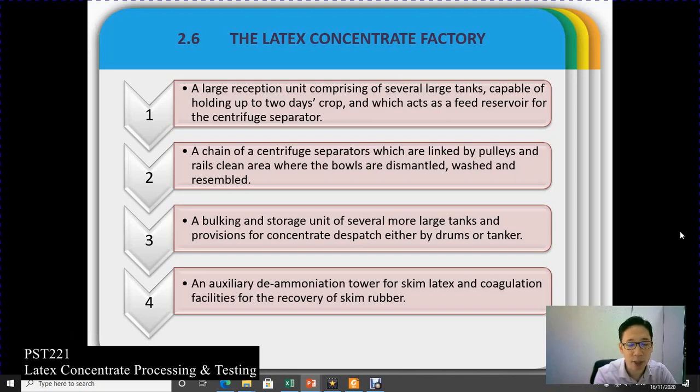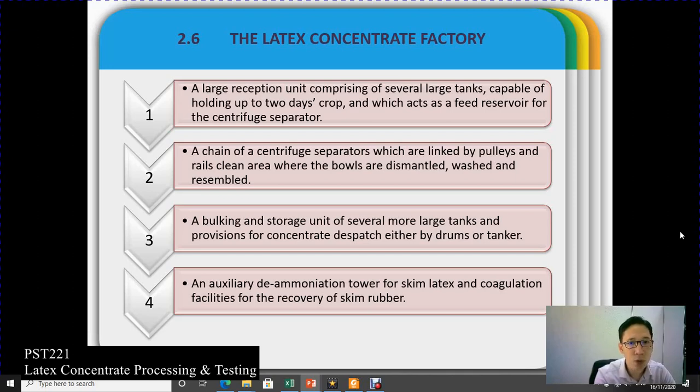Previously I did mention the bulking process to eliminate the slush, so you need to allow the received latex to rest at least overnight before you can remove the slush via the bulking process.